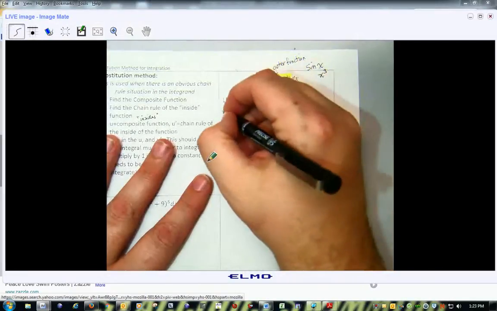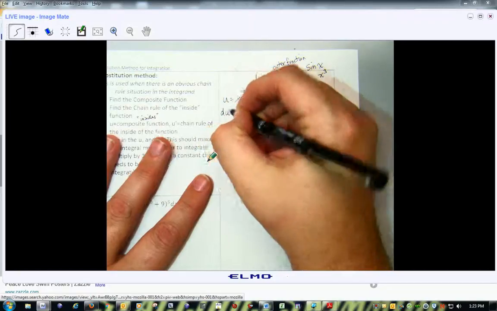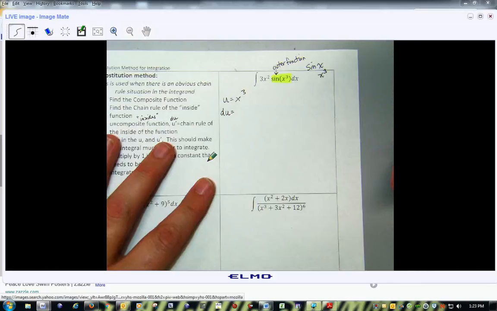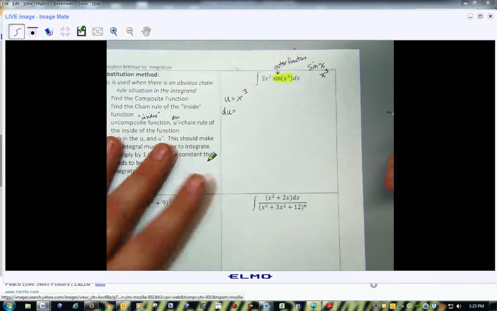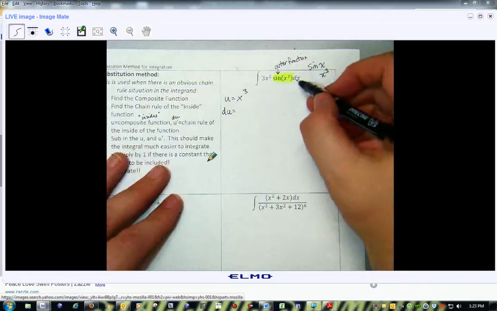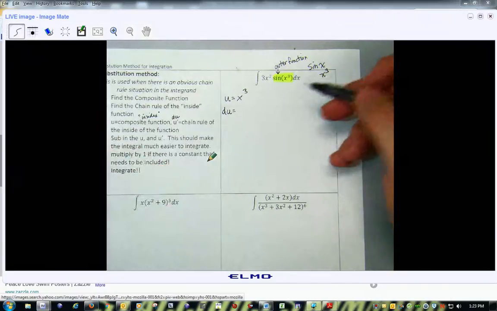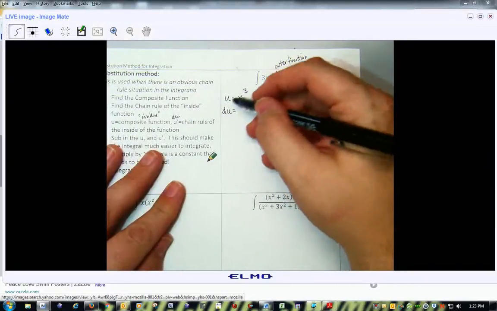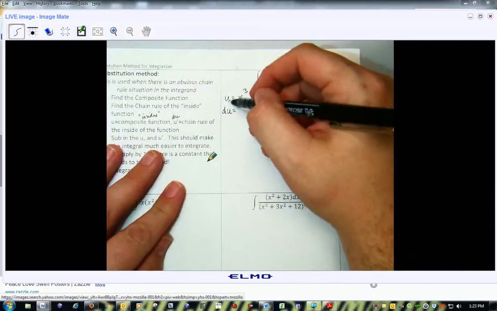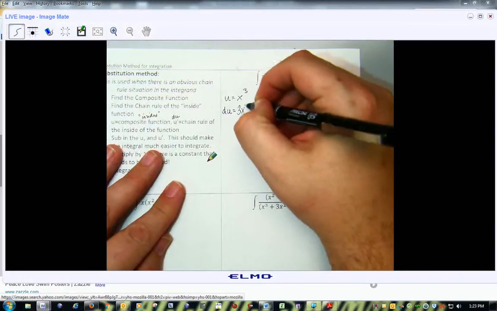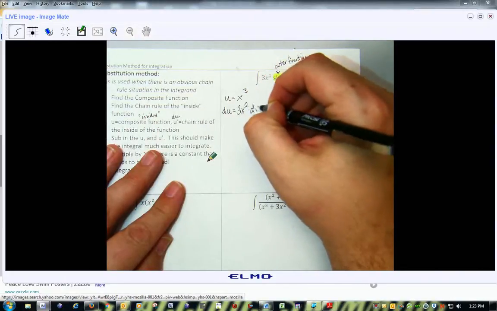Now, du, instead of u prime here, I want you to put a du, because we have a dx there and we need to change it to a du and not a u prime. It's semantics. That's all it is. Now, what's the derivative of u? It would be 3x squared times dx.